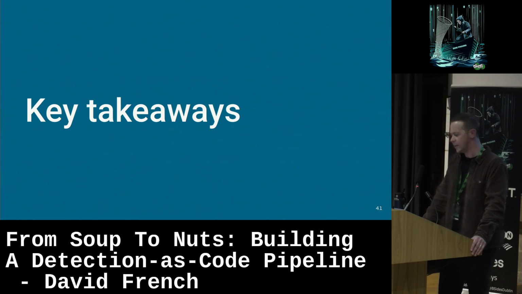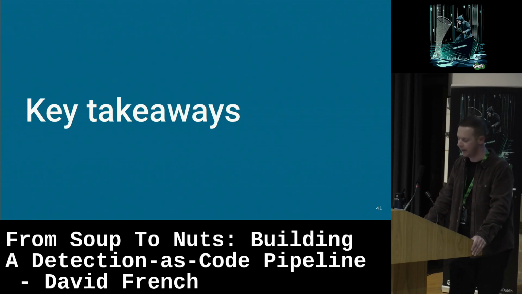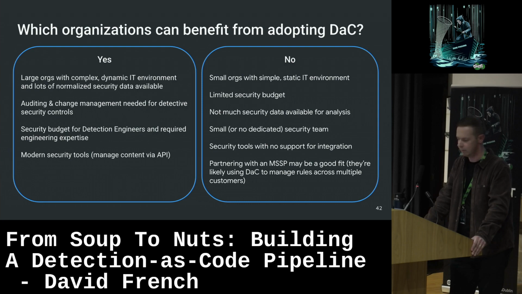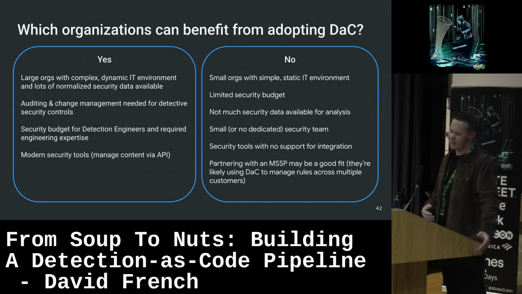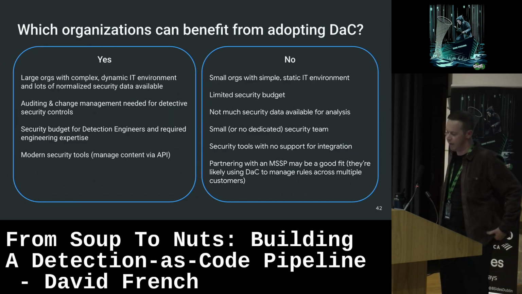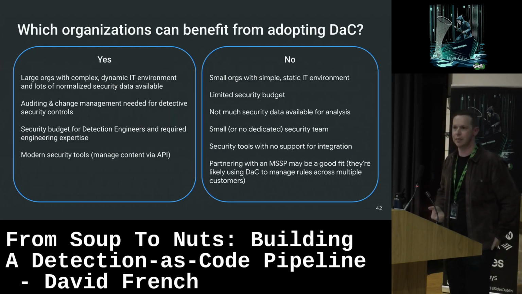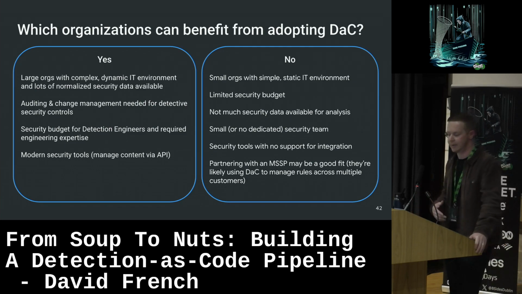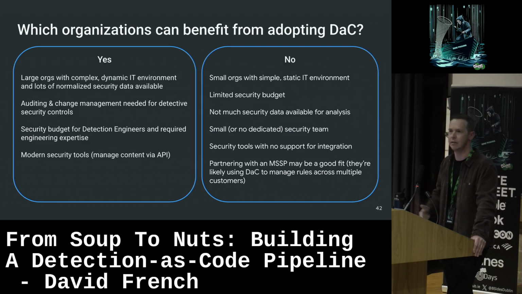Yeah, a couple of key takeaways after implementing this at a couple of companies. We've got a few minutes left here. This is obviously subjective, but this is my opinion on what types of organizations can benefit from doing this. If you're a large organization with a complex, dynamic environment and lots of security data available, I think this detection as code approach can help the team keep their coverage up to date and stay one step ahead of attackers.